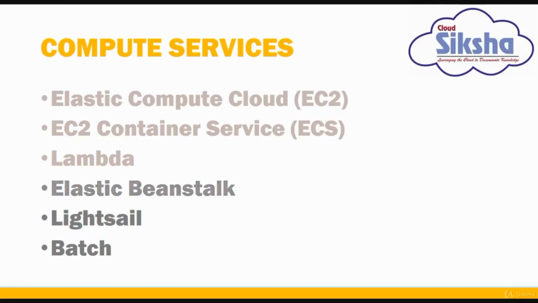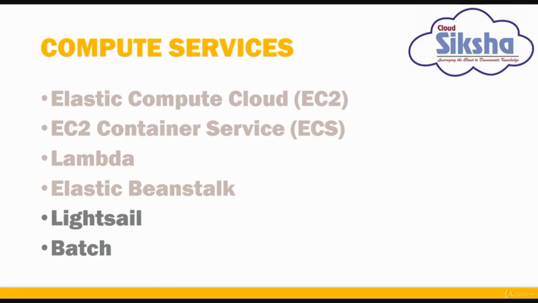The next service we look at is Lightsail. Lightsail was started very recently by Amazon, and it is the easiest way to get started with AWS. Basically, it is for developers who need a very simple private server solution.